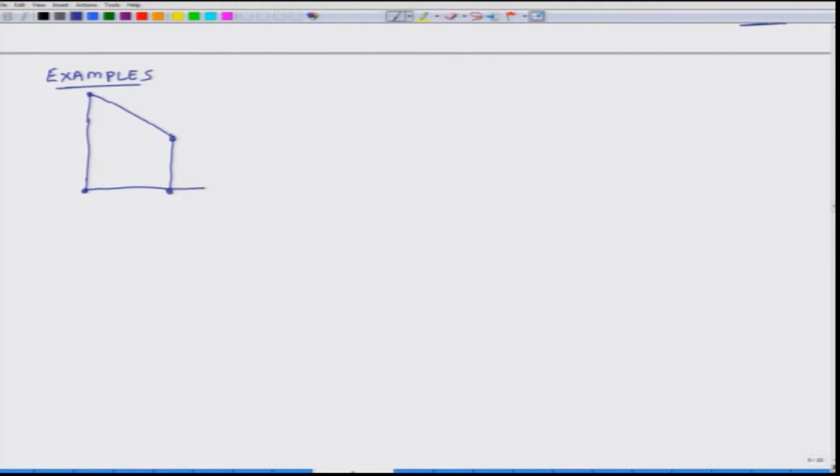So, here my x, this is my x axis and this is my y axis, and the local coordinates are 1, 2, 3, 4. Okay. So, this is my first domain or first element. We will see whether we can compute for this or not.